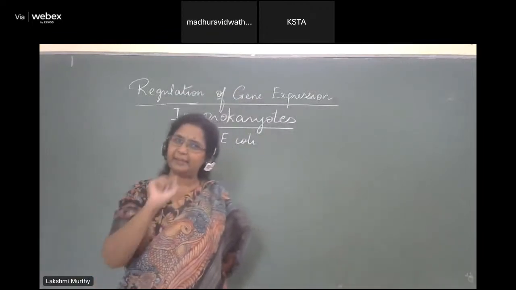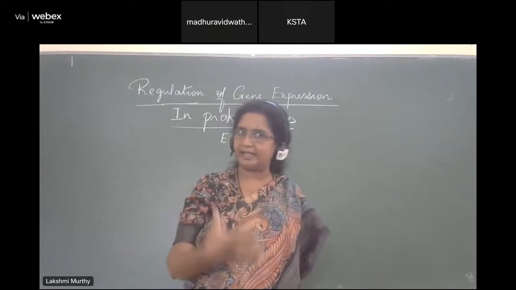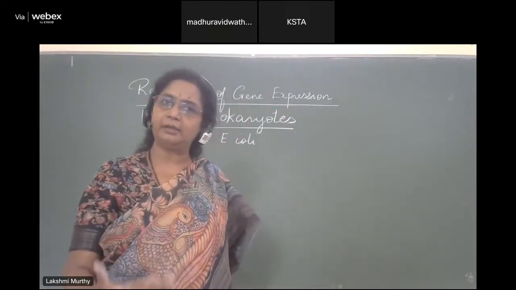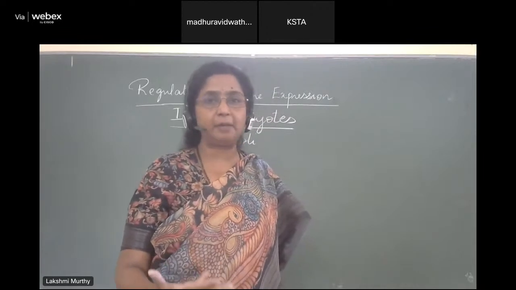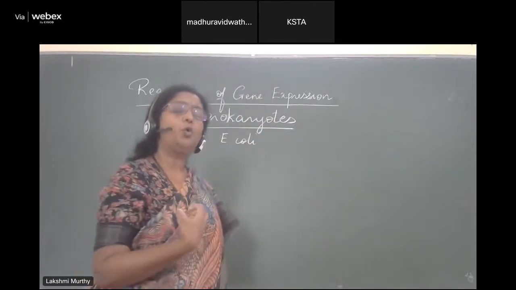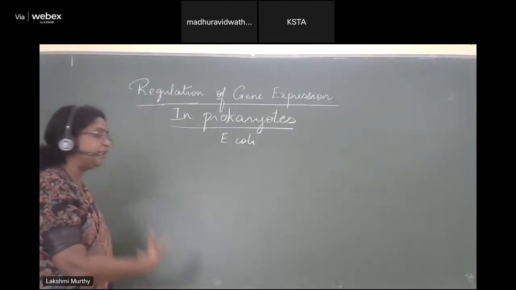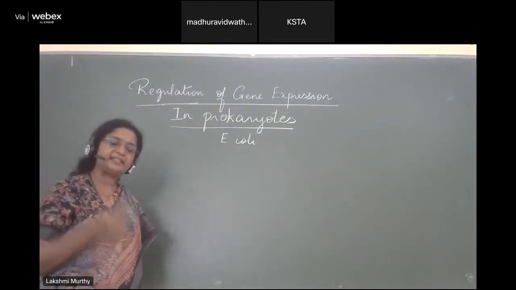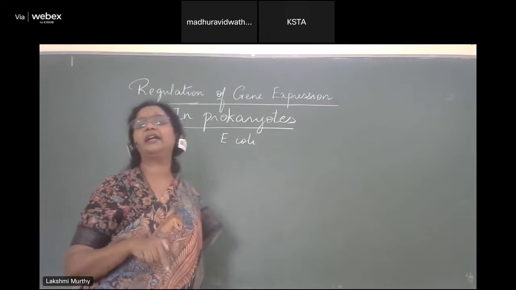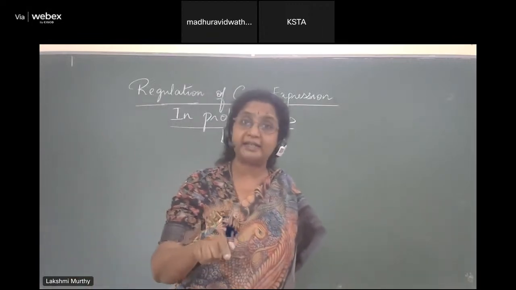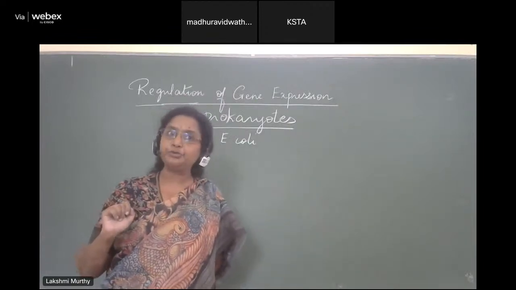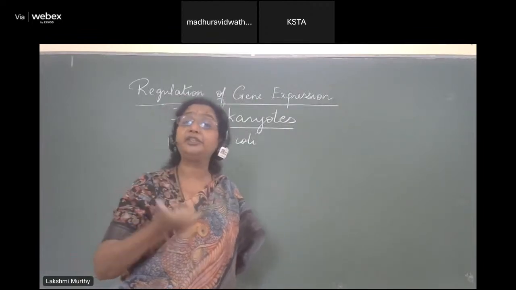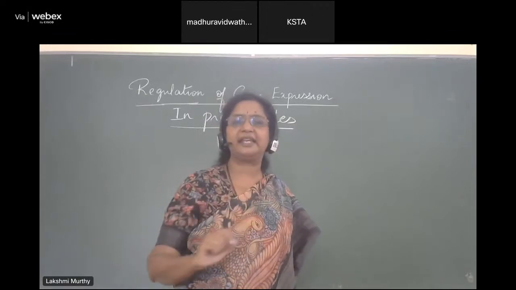We'll do a quick recap using the PowerPoint presentation, and I'll be showing you Francois Jacob and Jack Monod, and they were the people who worked on E. coli, and they realized that depending on the environment this E. coli is put in, it will manufacture the enzymes needed to get nutrition, and it can regulate its genes based on the environment.